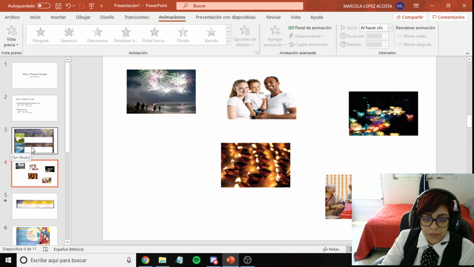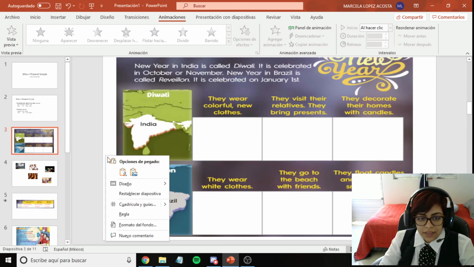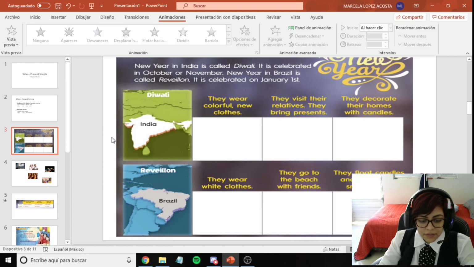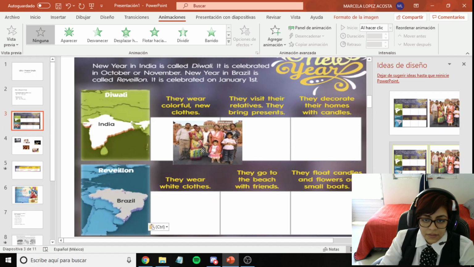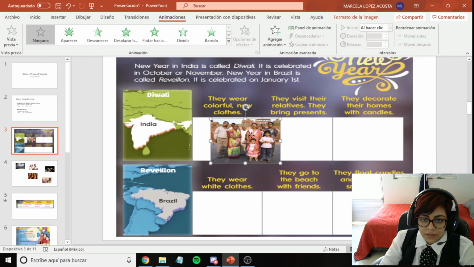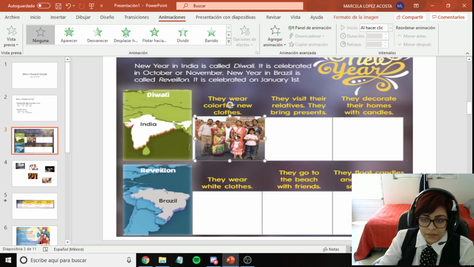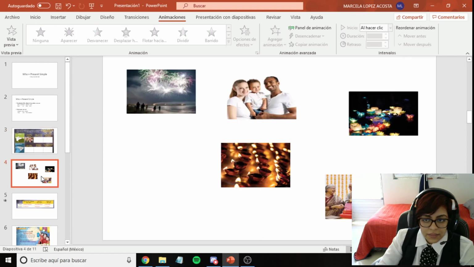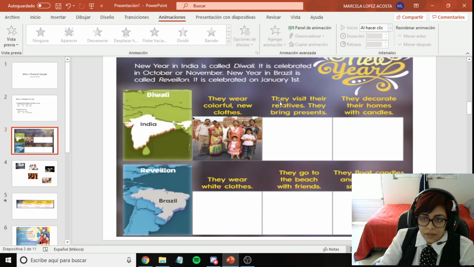So we're going to take this and paste it here. Then we have they visit their relatives. They bring presents. In India, they visit their relatives and they bring presents.